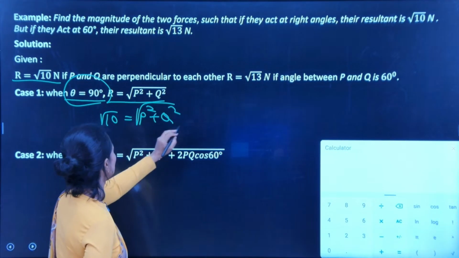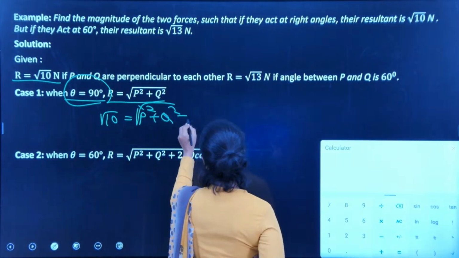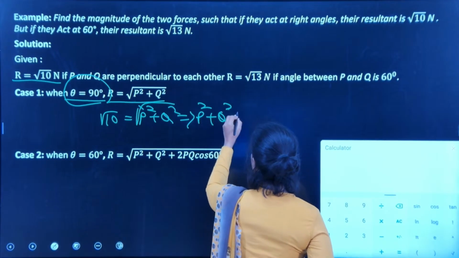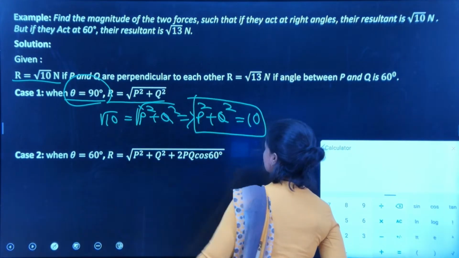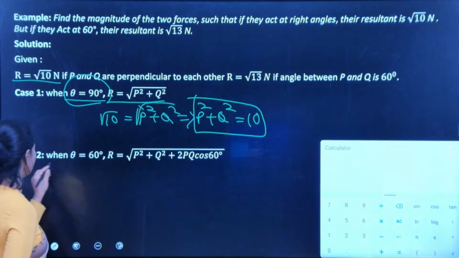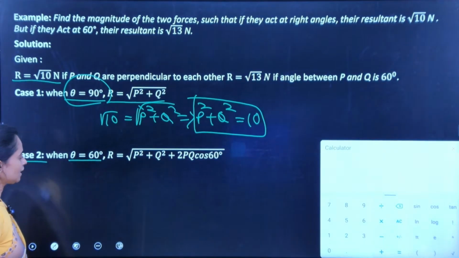The root gets cancelled and we get P square plus Q square as 10. Save this finding.